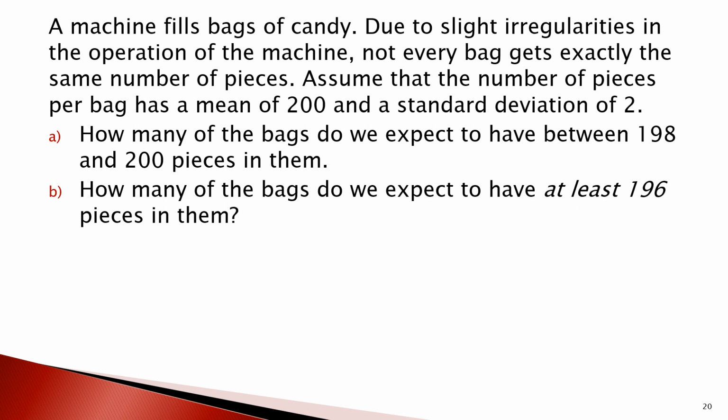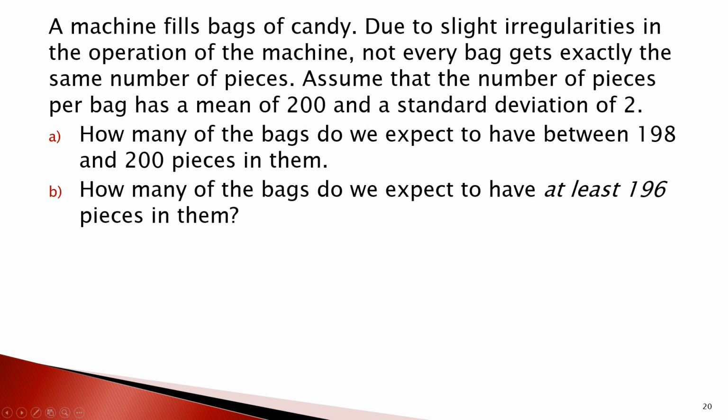A machine fills bags of candy, and as we can expect, there are some irregularities in the operation of the machine. So what that means is it doesn't give exactly whatever it's supposed to give. Okay, so that means not every bag gets exactly the same number of pieces.